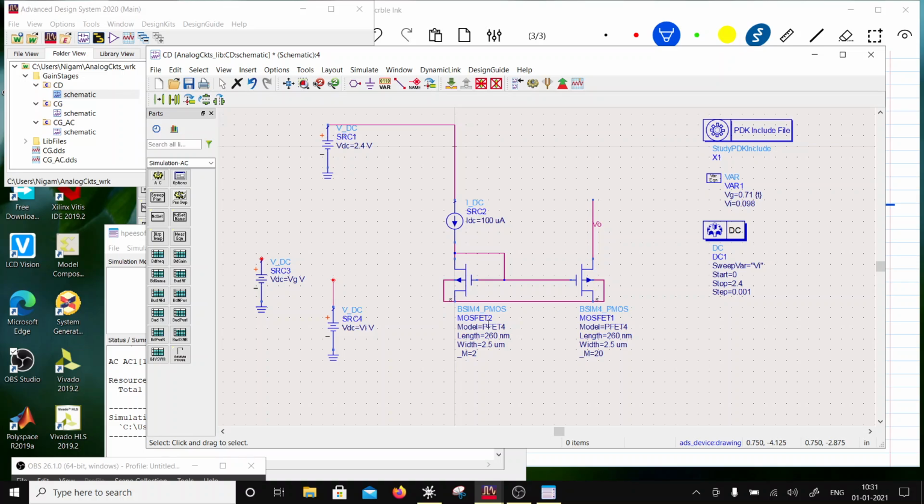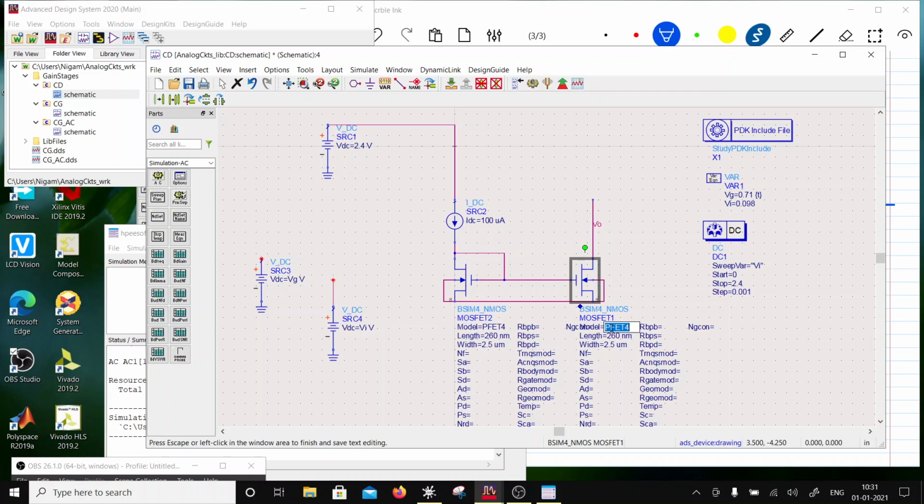And these are NMOS devices. So that's NMOS, and that's NMOS. What's going to change in this case is this is NFET4, and this one is also NFET4.